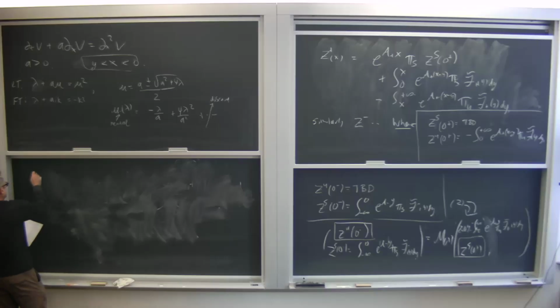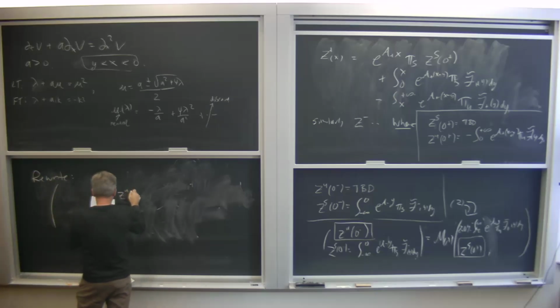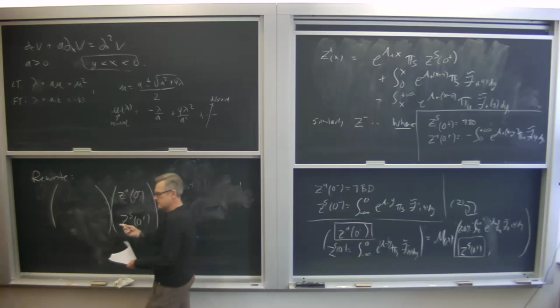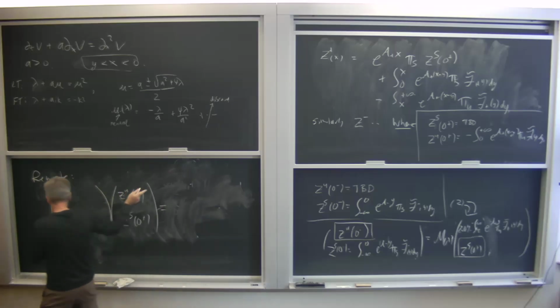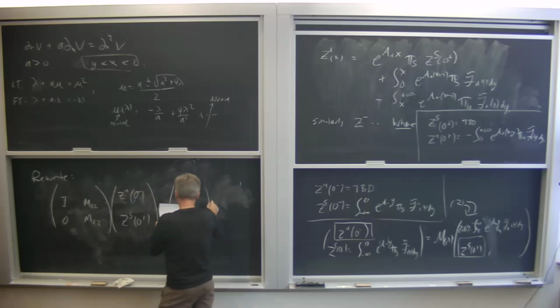But I'm going to rewrite this as an equation for z unstable of 0 minus and z stable of 0 plus, because those are the things I still need to find. So I rewrite that equation, and if I got this right, it's the identity, well, it was just 1 in this case, m12, 0, m22, and then on the right I have negative m11, and I'm leaving out the lambda. Of course, m does depend on lambda, negative I, 0.